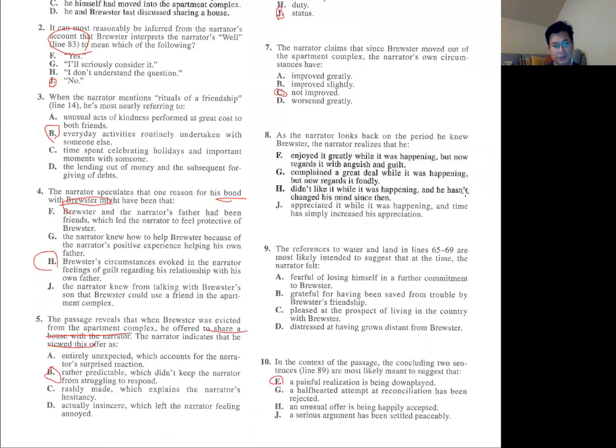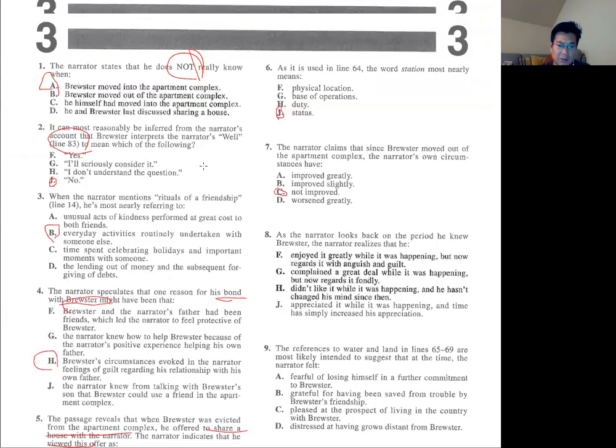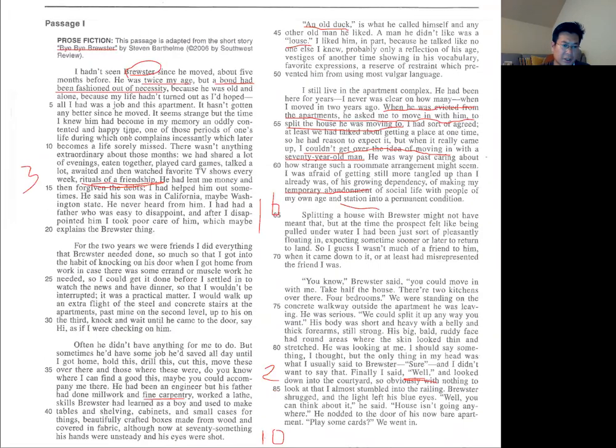And number 8, as the narrator looks back on the period he knew Brewster, the narrator realizes that he... So in the beginning of the passage, they talked about how their relationship is, the background idea of it, especially for number 8, line 7.